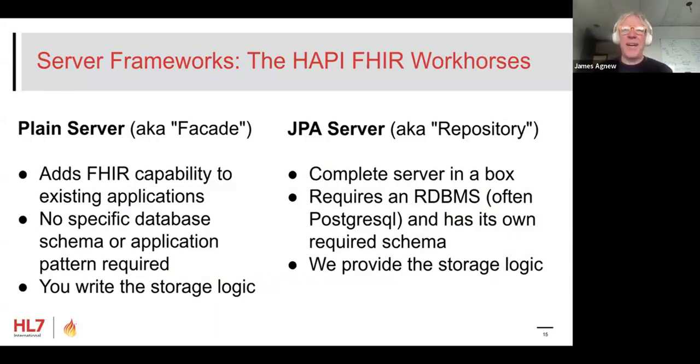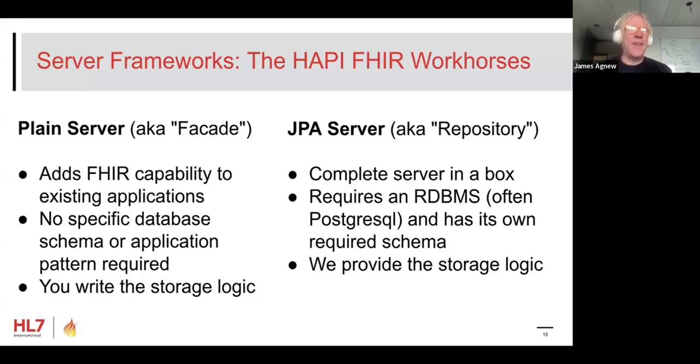And HAPI has followed in that same vein. So we provide two parallel server frameworks. These server frameworks do build on each other. They have a lot to do with each other, but they've got very different use cases. So let's talk about that for a second. HAPI FHIR provides what we call the plain server, and that's often referred to as a facade, which is a mechanism that we use to allow you to layer FHIR capabilities on top of existing applications that don't today use FHIR.